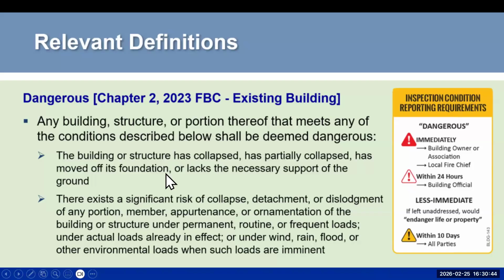The building or structure has collapsed, is partially collapsed, has moved off its foundations, or lacks the necessary support of the ground, or there exists a significant risk of collapse, detachment, or dislodgement of any portion, member, appurtenance, or ornamentation of the building or structure under permanent, routine, or frequent loads.